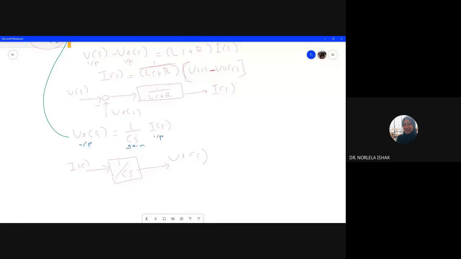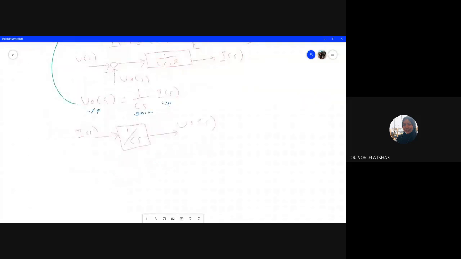Okay, now we have two subsystems and you have to combine them to get the complete block diagram. So you have to sketch back the overall block diagram. This is our input, minus here, this is your V naught and this is our first block 1 over LS plus R, and from here we get output, and then output goes to 1 over CS.